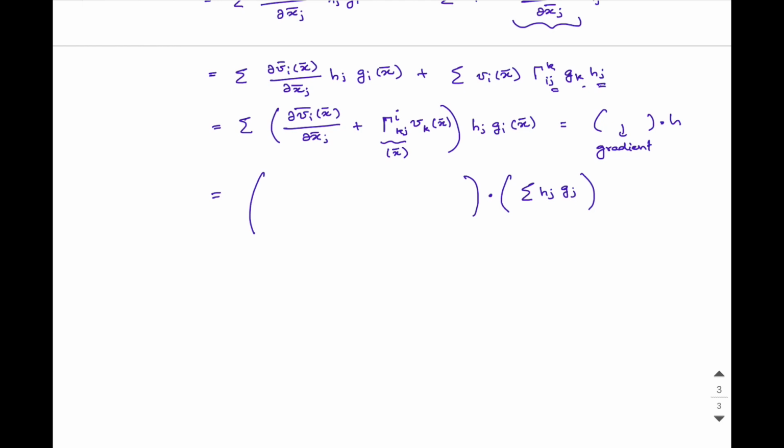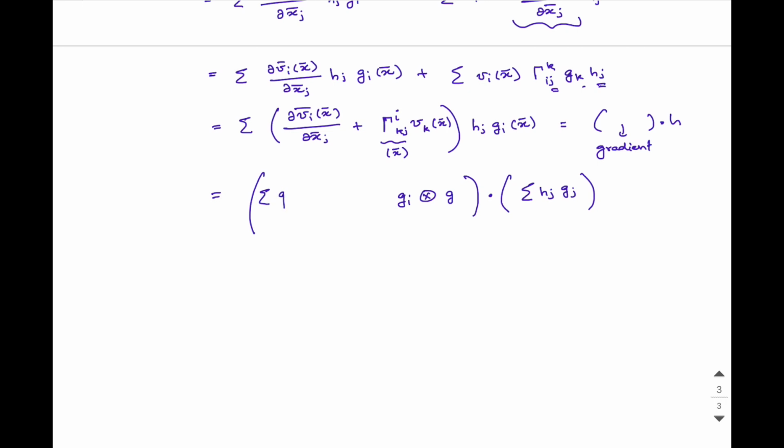Okay, so I need to have some quantity over here. But I already have a g_i, so the remaining quantity has to be some g over here. So how do you go about writing this? Let me write the final expression.